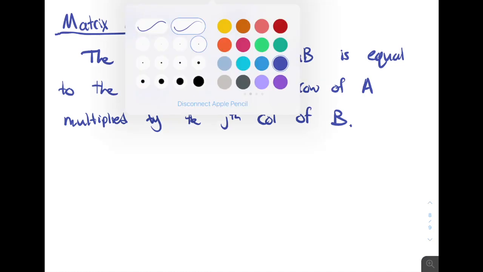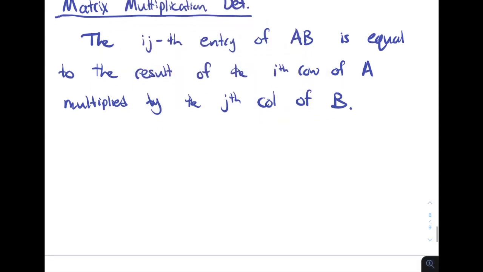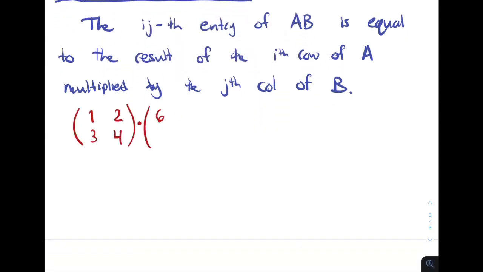To help absorb this, let's look at an example. The element that lives in the first row and first column of the product will be the first row of the first matrix multiplied by the first column of the second matrix.